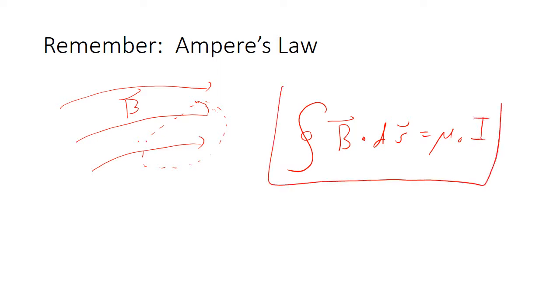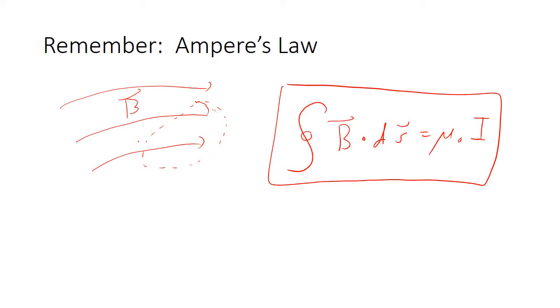So that is Ampere's law. We did several examples of Ampere's law before spring break. So that gave us a first step. We'll do a couple more examples of that possibly as we go.